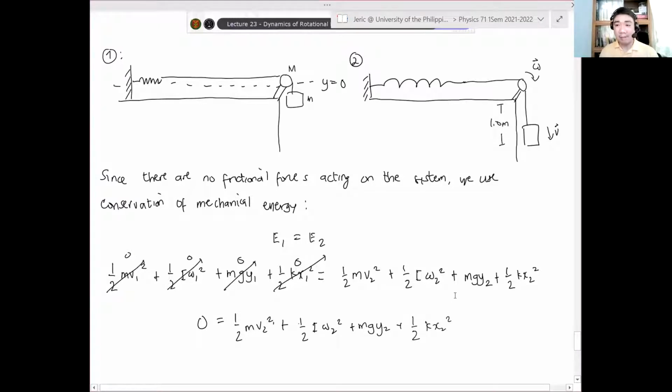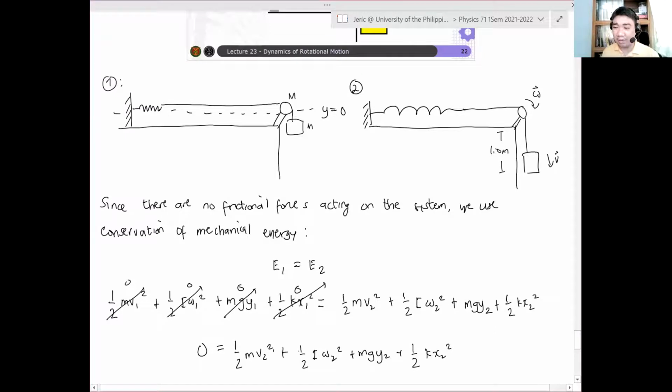Now, observe that however this first box falls, this is also the total length of the stretch of the spring. Right? Of course, the box will fall. Since the rope is taut, however far the box drops, the spring should stretch by the same amount.